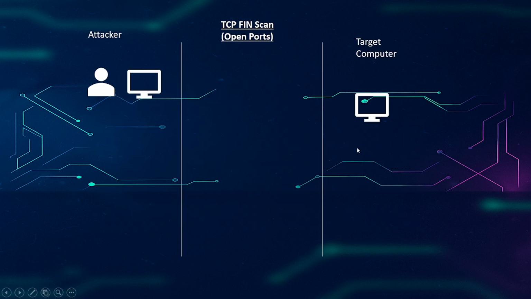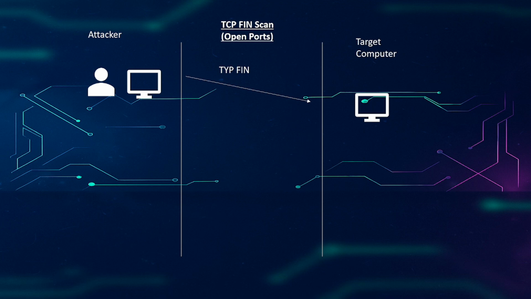So we were talking about fin scan. So how will fin scan work? At first the attacker sends packets with a particular flag already set called TCP FIN. I think this has to be TCP, I have written it as TYP. Anyway, TCP fin flag is set, and it is sent to the target computer.